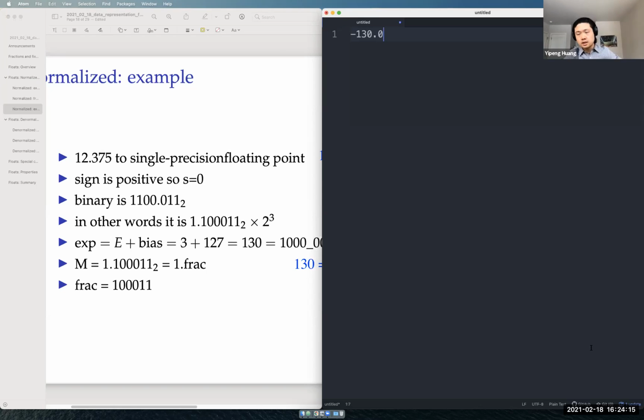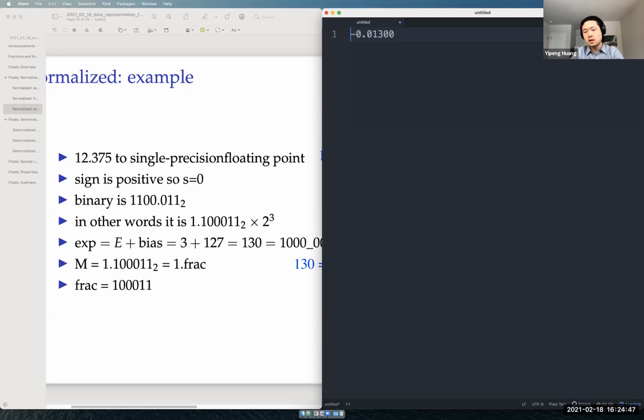Let me think if there's anything I can do to make it a more interesting example. Yeah, I think this is fine. Actually, just to make it slightly different, let's make it a number like this.